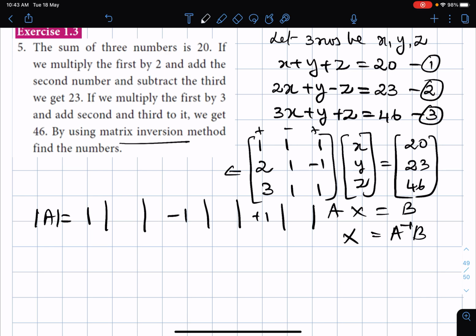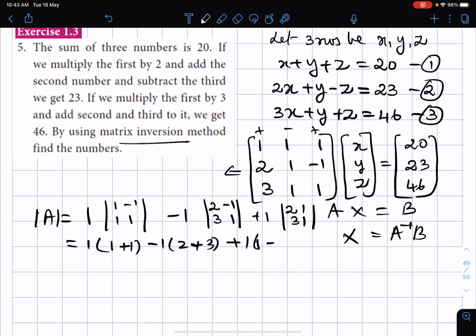For 1, when you delete your first column, you get it as 1 minus 1, 1, 1. And for the second one, you delete the second column and you take the first and the third: 2 minus 1, 3 and 1. And for the last column, when you delete, it is 2, 1, 3, 1. Now expanding, you will get 1 into 1 plus 1, minus 1 into 2 plus 3, plus 1 into 2 minus 3.